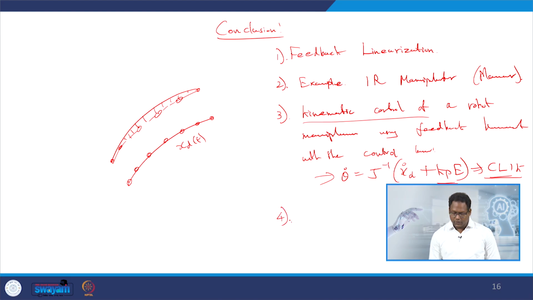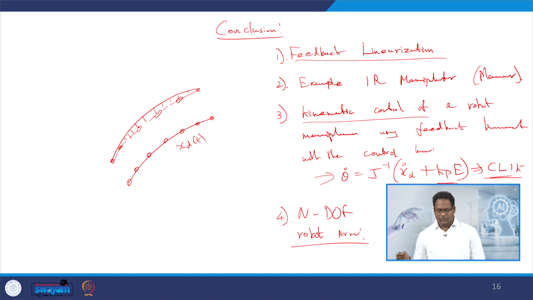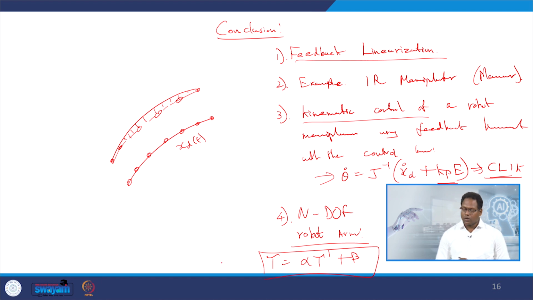Then finally, we have seen the feedback linearization control approach for an n degrees of freedom robot arm, which means n links and n joints. For such a system, we have used the control law tau equal to alpha tau dash plus beta in order to have the closed loop system dynamics being stable.